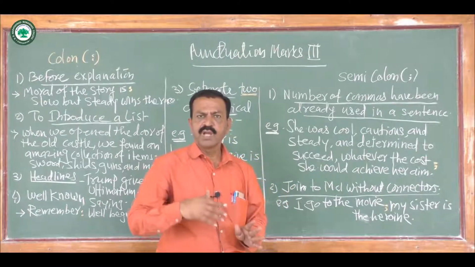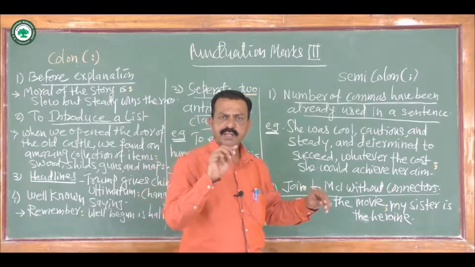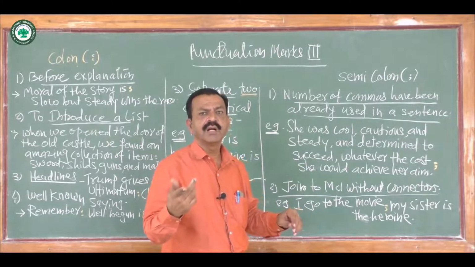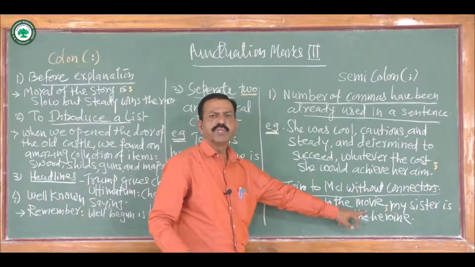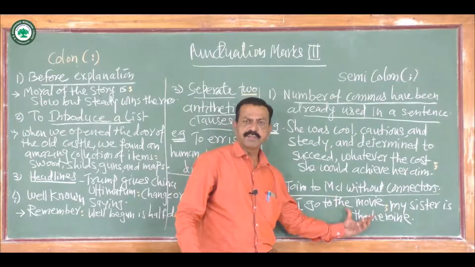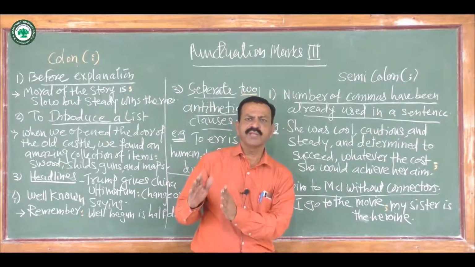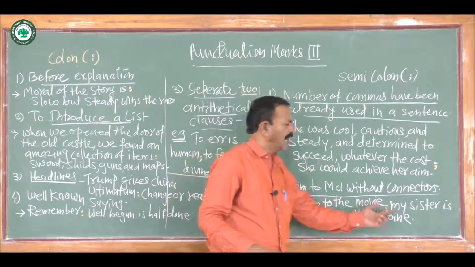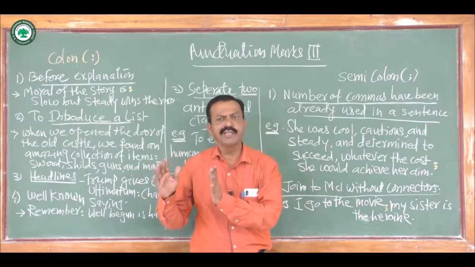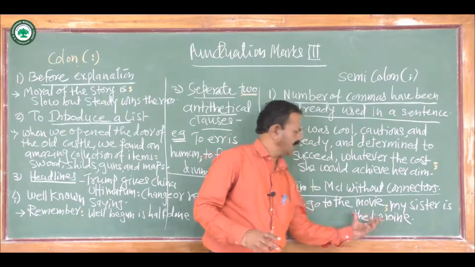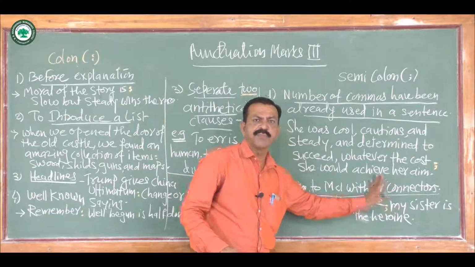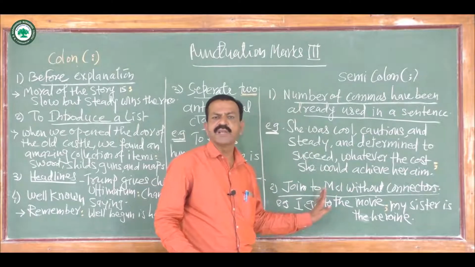For example, I go to the movie, semicolon, my sister is the heroine of the movie. So here we used semicolon. I go to the movie is an independent clause, a main clause or principal clause, and my sister is the heroine of the movie is also another main clause, because this clause does not depend on the first clause for its meaning.